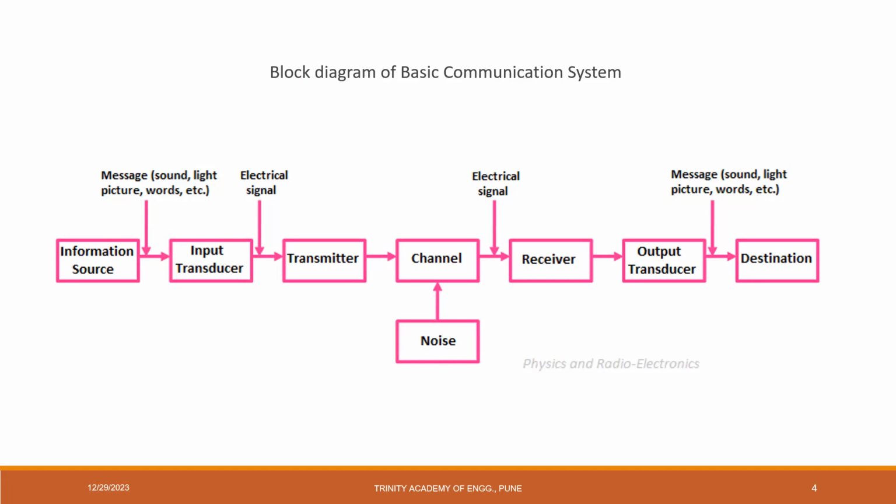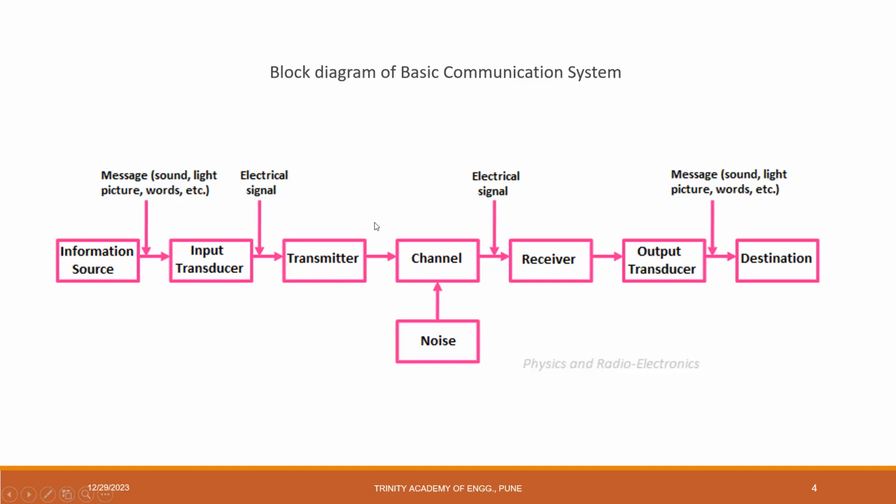After getting this information, the output of the information source is given as the input of the input transducer. What is the function of this input transducer? The input transducer converts these different types of signals into the electrical signal for transmission purposes. The output of this transducer is given as the input of the transmitter.